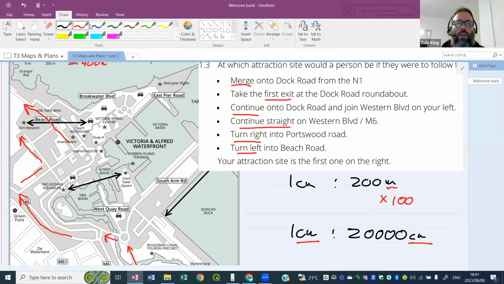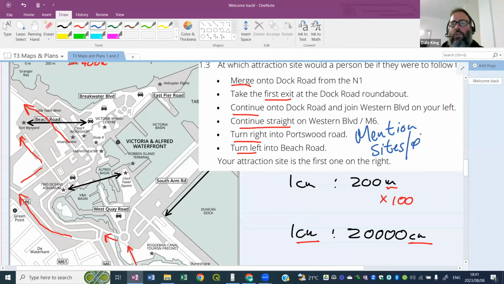You can also, remember this, mention sites or places that you pass. So you could say you're passing the aquarium on the right, or you're passing a church on the left. Go past the church on the left.